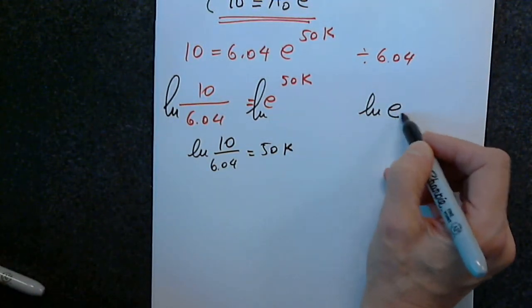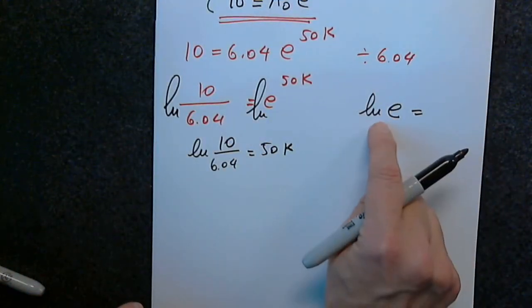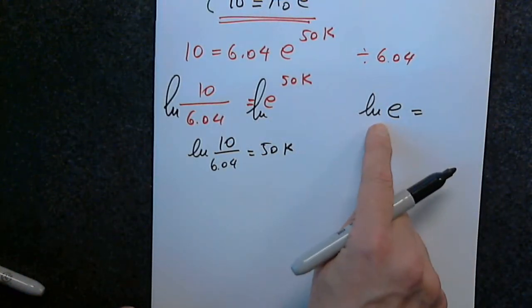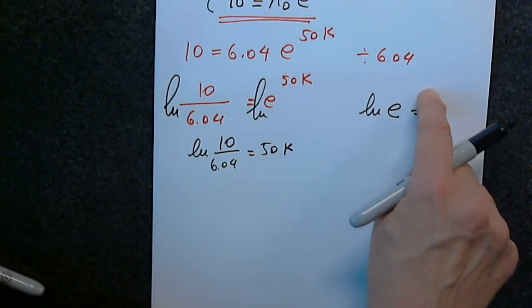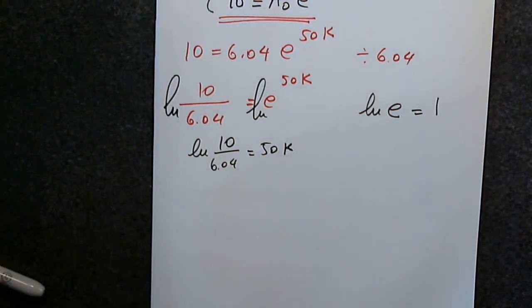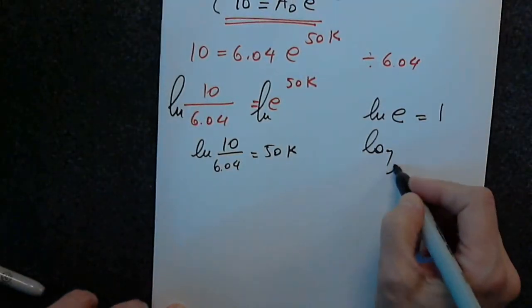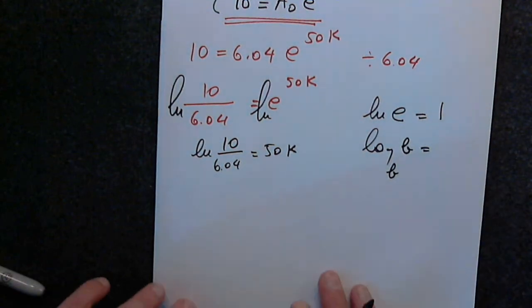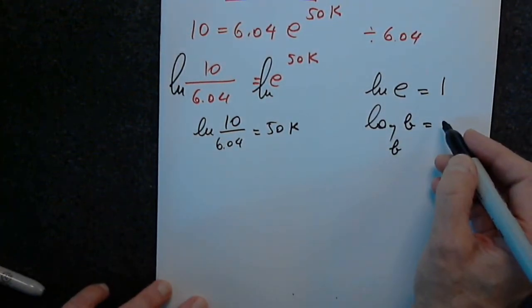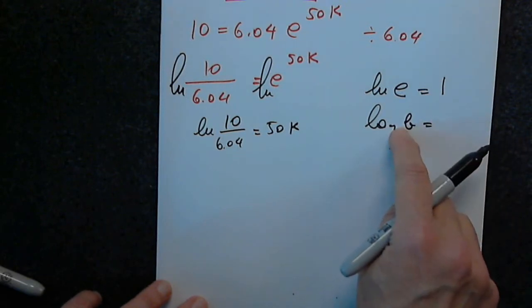So let's write on the side again, what is natural log e? What does it equal to? Okay, what base is this? E raised to which number is e? 1. So as a refresher, log in base b of the base b: b raised to which power is b?